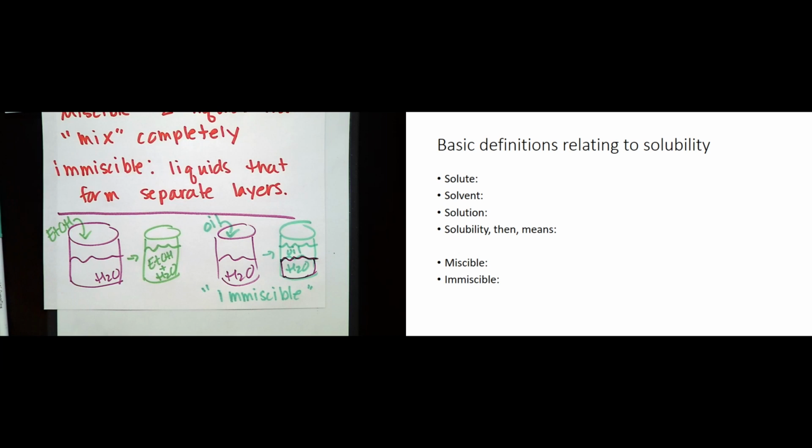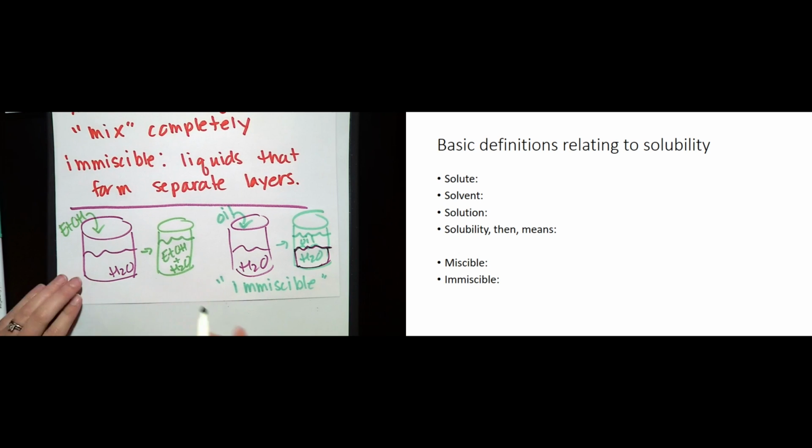When you get into organic lab, you're going to use this a lot. You're going to use separatory funnels, and you're going to have a water layer, and you're going to have what we call an organic layer. Organic meaning carbon-based, and also nonpolar, which we'll get to.